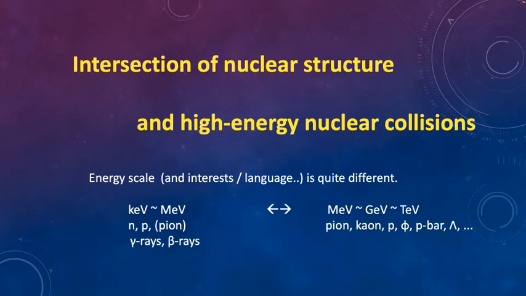And in high energy, it's a more violent environment people are interested in, like MeV or GeV or TeV, and pion, kaon, proton, phi meson or whatever. So the language or the interests are quite different, I would say.